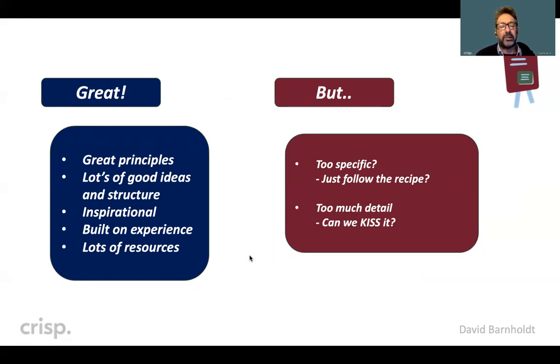And also that there is so much detail. It's a lot of inspirational detail, but taken all together, is it really mandatory? I would like to see a KISS version, a much simpler version of this, where you can add on things instead of getting that whole picture presented to you from the start.